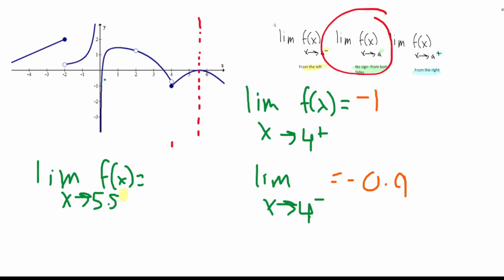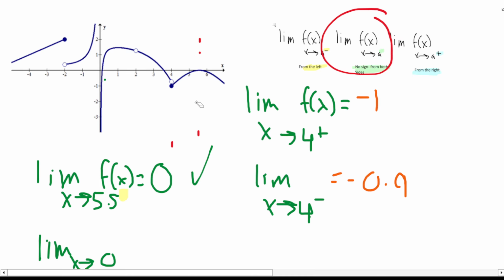And we need to look at the limit from the left and the limit from the right. Do they approach the same y value? In this case, they do. They both go to the y value of 0. So the limit of f of x as x approaches 5.5 is equal to 0. And that's going to be a case where the limit exists.